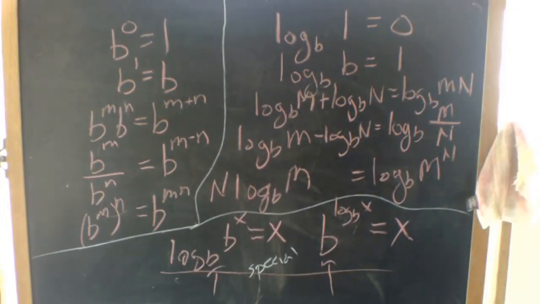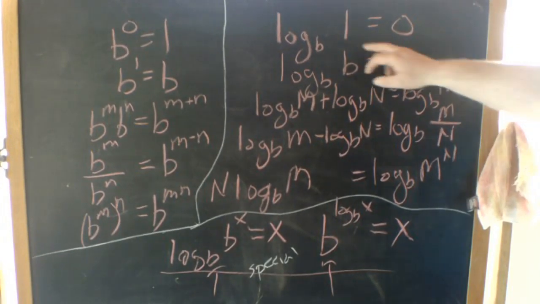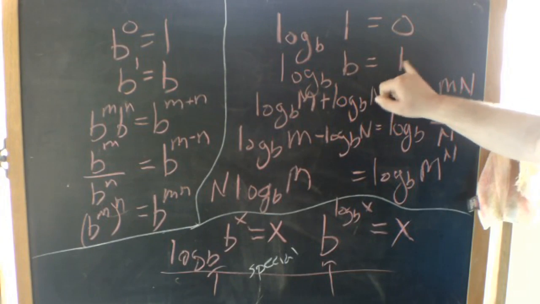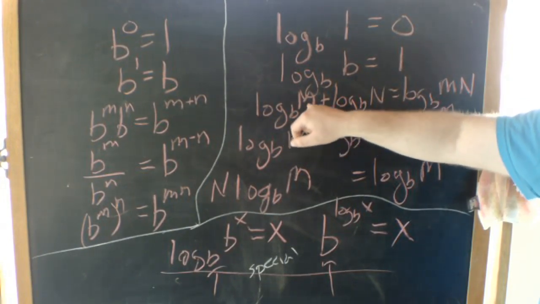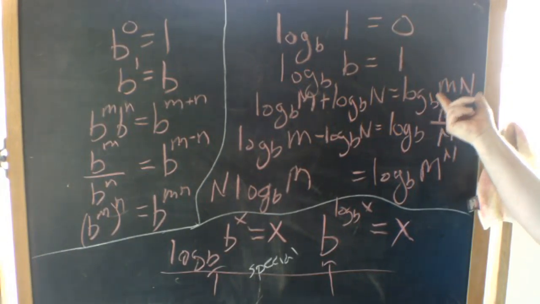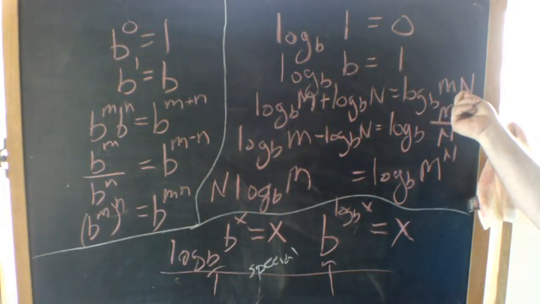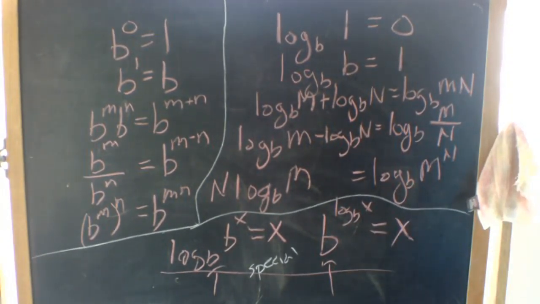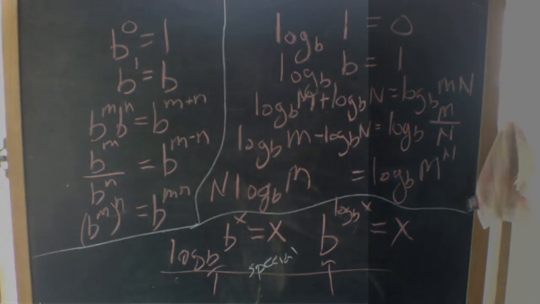So again, the rules that we're going to keep coming to are these over here. When I have log of 1, it's 0. When I have log base b of b, it's 1. Log base b of some number plus log base b of another number is the same as the log of the two numbers multiplied. And any rule that we have is reversible. So we're able to move these rules backwards and forwards.